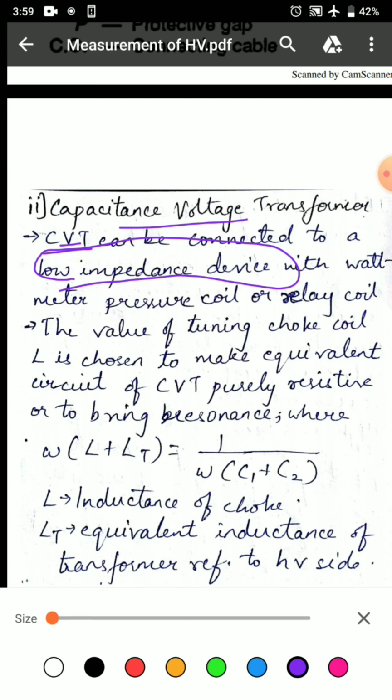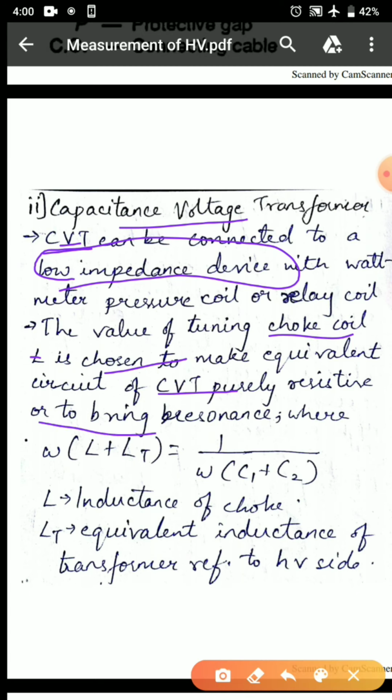The value of tuning choke coil L is chosen to make the equivalent circuit of CVT purely resistive, or to bring resonance, where omega (L plus LT) is equal to 1 by omega (C1 plus C2). Here L is the inductance of the choke, and LT is the equivalent inductance of the transformer referred to the high voltage side.